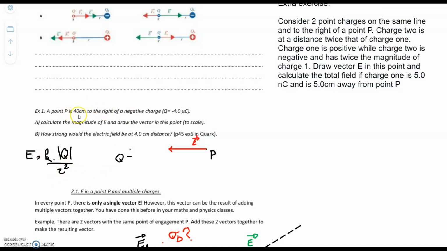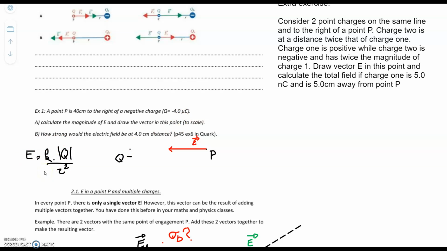If you get a questionnaire which mentions centimeter, you first have to make sure that this is put to meters, being 0.40 meters for the distance in this example. And microcoulomb is also times 10 to the -6th before you start calculating. Now I'm assuming you're able to do this yourself.